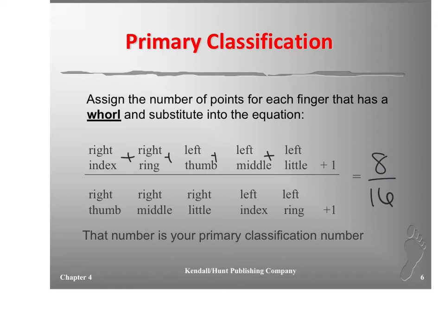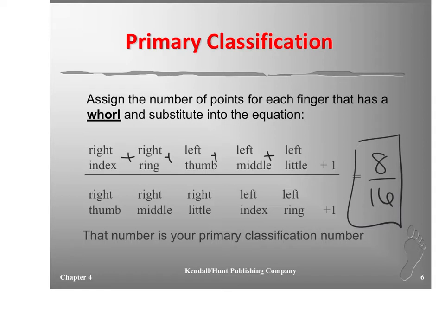Because if the crime was committed by somebody who has all whorls, there's no way that I would be considered, because I don't have all whorls. I actually have all loops. So those Henry numbers are really important when we're looking at AFIS and trying to say, this group of individuals has this matching number. So I would only look at individuals with a Henry number of 8/16.